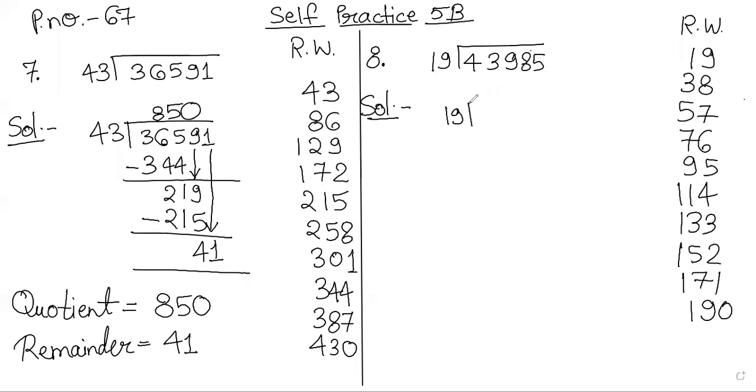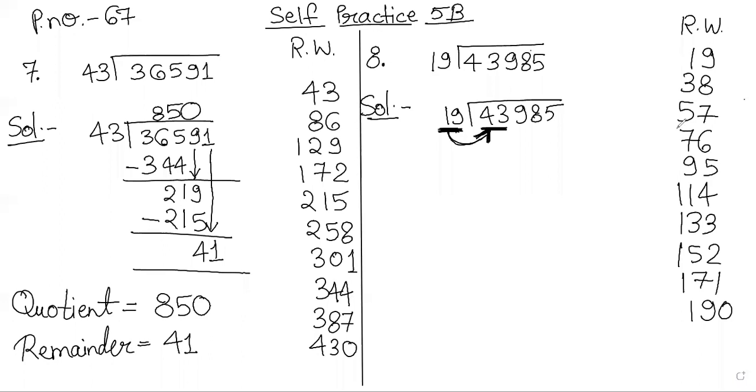First of all, copy down the question. Okay. Now in divisor, the number of digits are 2. So we will choose the leftmost 2 digits of the dividend. Now compare both of them. The leftmost 2 digits are greater than divisor. It means we can divide.